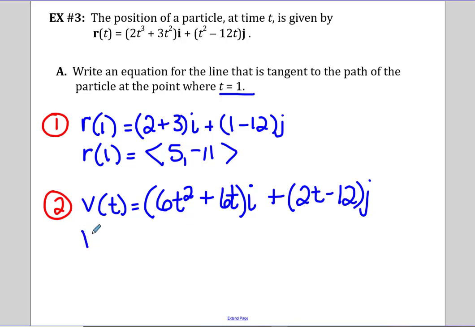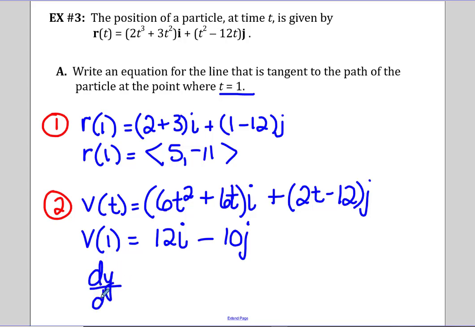So again, we want the velocity at 1, and substituting 1 here, we have 6 plus 6, so 12 in the horizontal, and 2 minus 12 would be minus 10 in the vertical. So our derivative, dy/dx, is going to be negative 10 over 12, or negative 5 over 6.